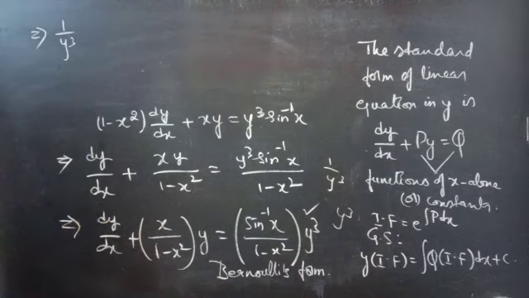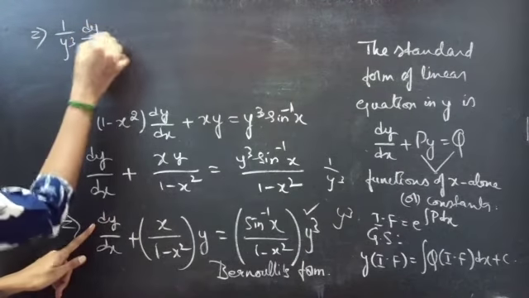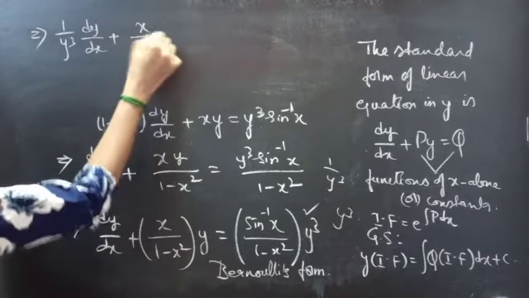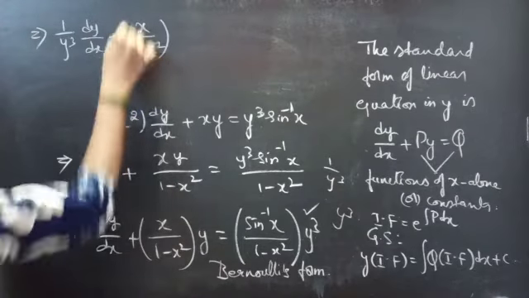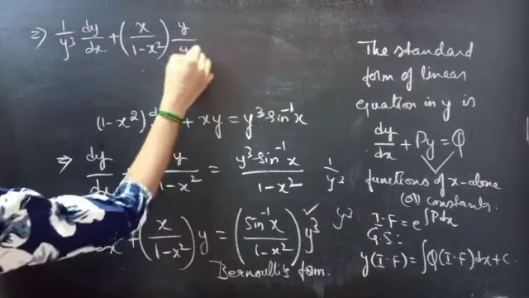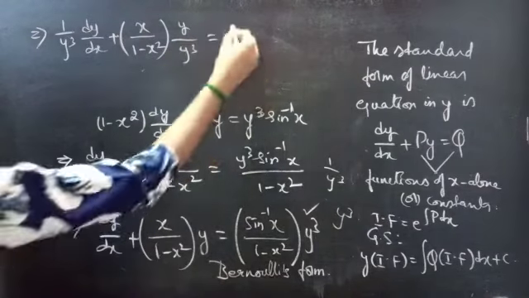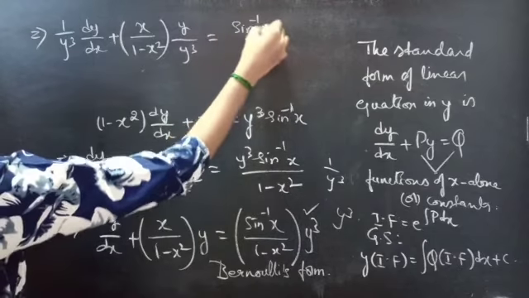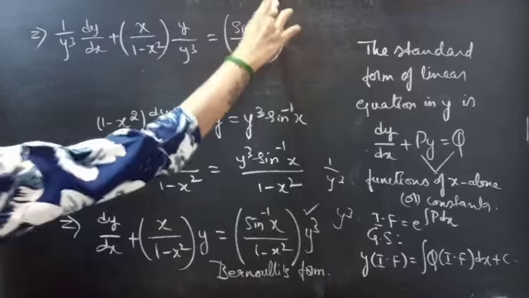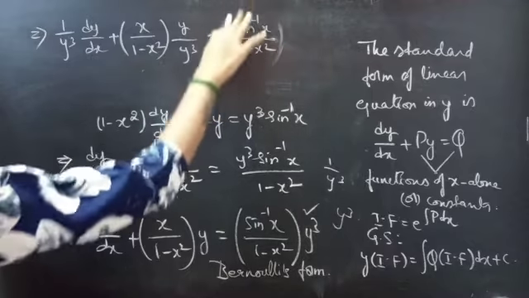Later we'll show you in detail. 1 by y cube into dy/dx plus x, that is a function of x, into y by y cube equals sine inverse x by 1 minus x square, that is a function of x on the RHS part.